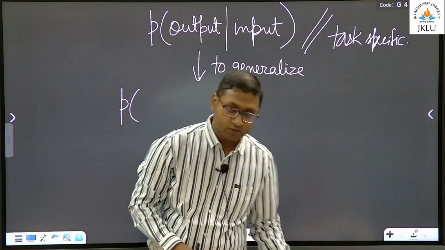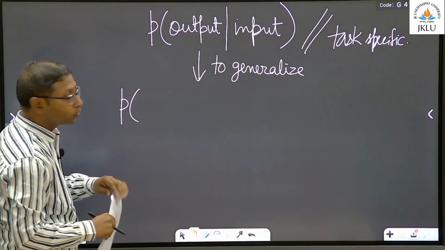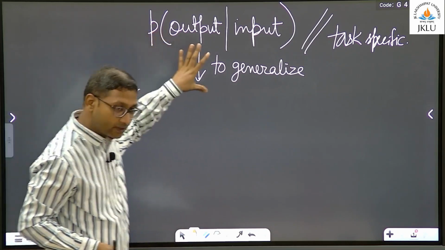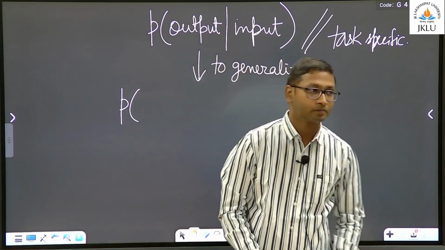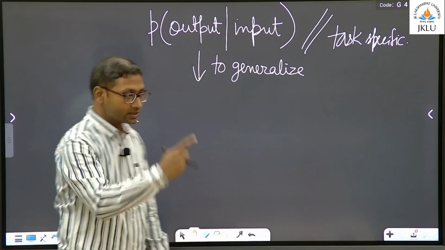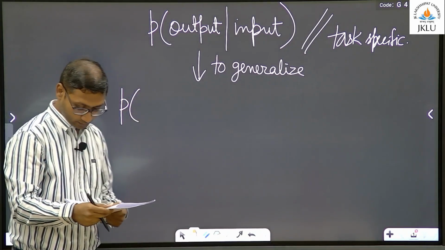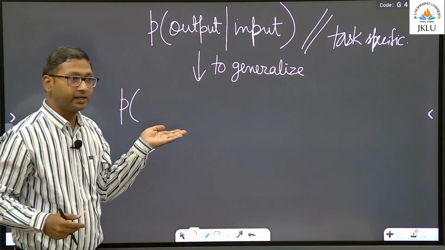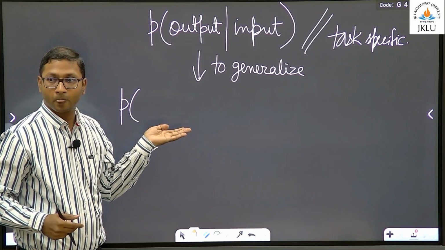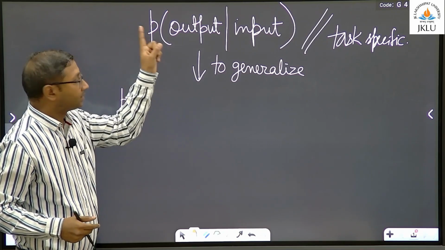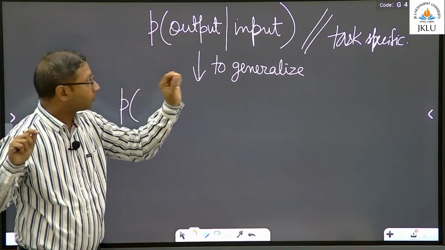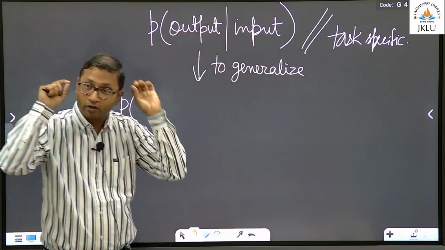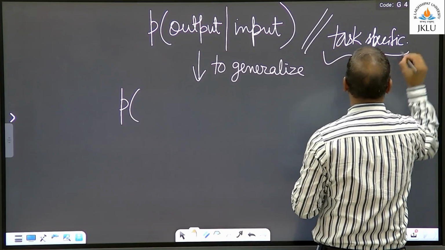Right now this is task specific, right? This is probably the summary of the whole paper; if you have two takeaways, this is one of them. Earlier you are making your models that take some input, give you some output, and your architecture is task specific.